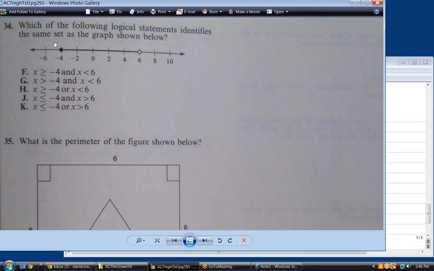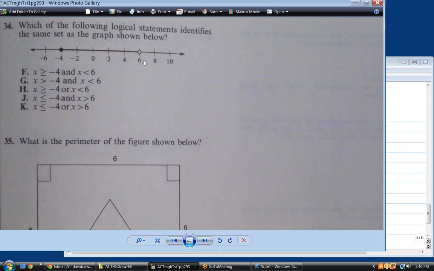Okay, can you see this number line that they've graphed? Closed dot there, solid line, open dot there. Which statement shows that? Y is actually greater than or equal to -4, and J is x less than or equal to -4?